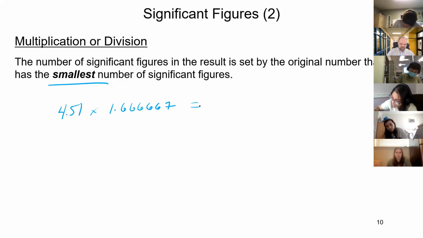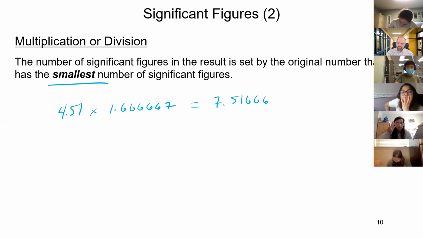When I do that multiplication, I get 7.51666, and it goes on a bit. But how many sig figs should I have in my answer? 3. Yeah, I'm keeping the smallest number, so that's this one. So my answer should really be 7.52.